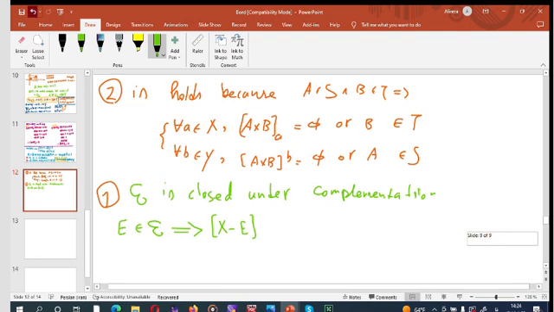But we see that for each A in X, the section of the complement of E is equal to Y minus this section.